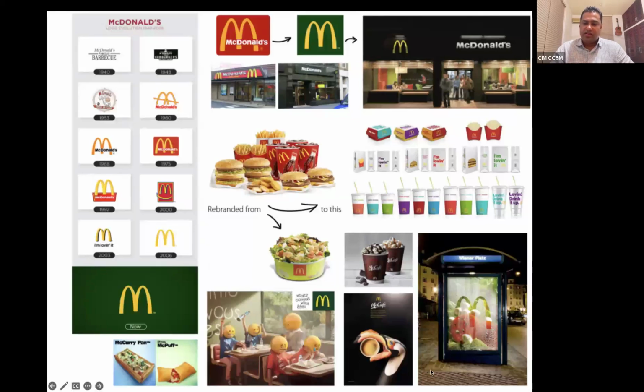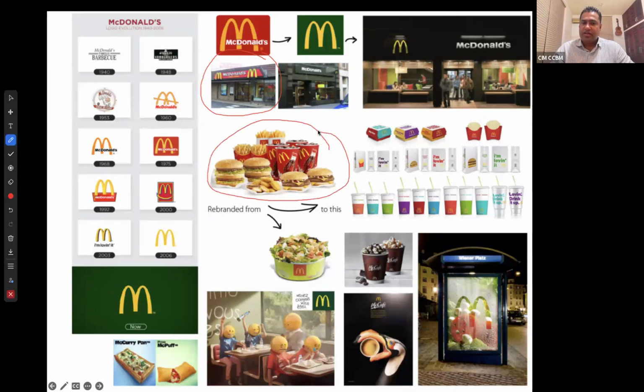McDonald's in Europe today, the consumer is very environmentally conscious. They don't like processed meat, and they don't like everything McDonald's stands for. And today, McDonald's in the West is moving from this to this. They're going green.